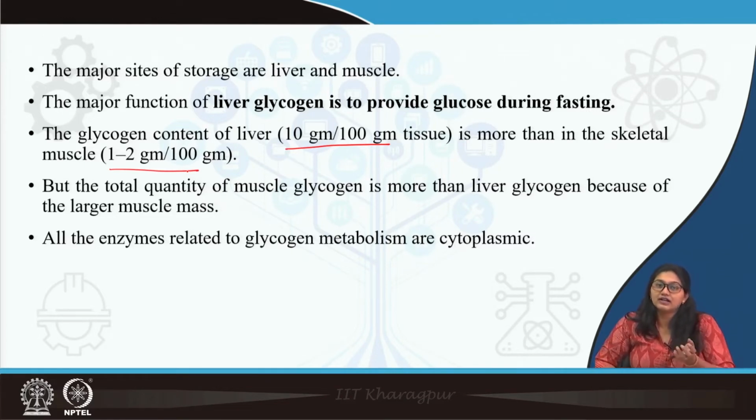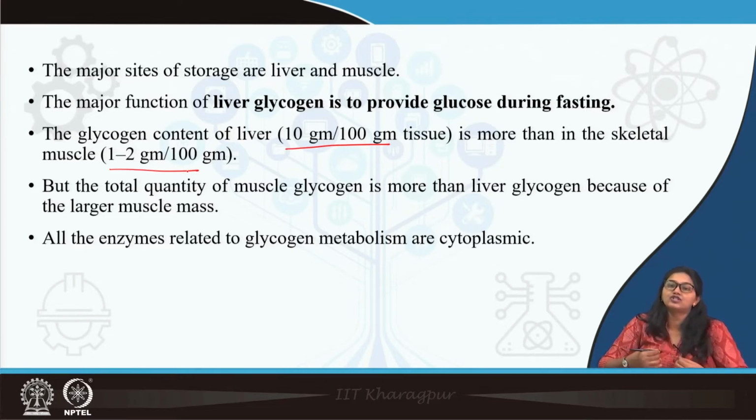Even if the concentration of glycogen per 100 gram of hepatocytes is more than skeletal muscle, the total content of glycogen, if we see along the whole skeletal muscle present in our body, will be more than liver, because liver is one single organ and skeletal muscles are present everywhere in our body.